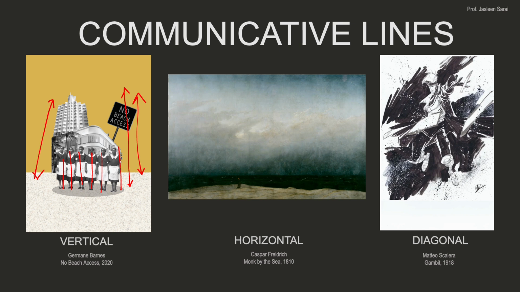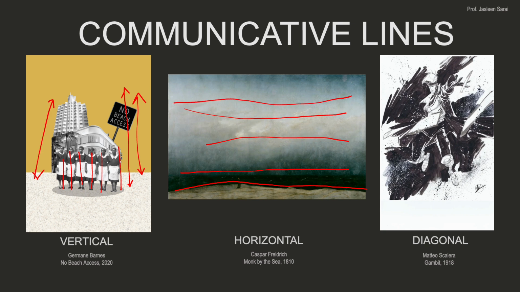And you can see this in architecture as well. You'll see a lot of columns and things like that that are vertical, that show power and stature and stability. Then you have horizontal lines that you mostly find in landscape and other things like that. Horizontal lines create a feeling of calm, soothing, and relaxation.